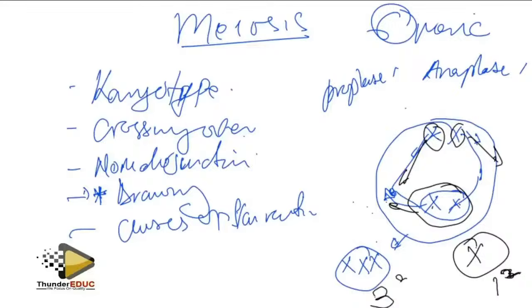Because it has 1, it is called a monosomy. Because this one has 3 instead of 2, it is called a trisomy. How does this lead to Down syndrome? If this fertilizes the ovum, it's going to lead to an individual with one chromosome less.